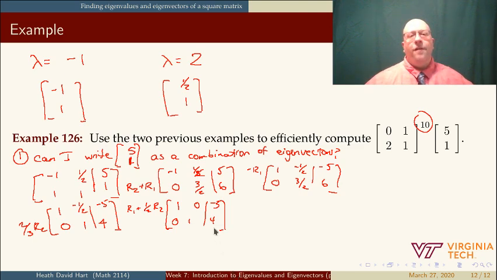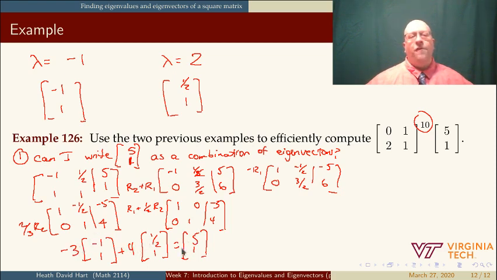So if we did this right, negative 3 of these vectors plus 4 of these vectors is equal to 5, 1. Does that check? In the top row, we get positive 3 plus positive 2 equals 5.